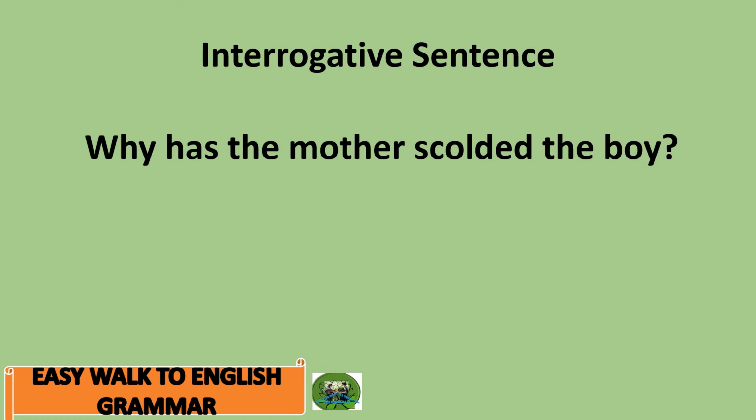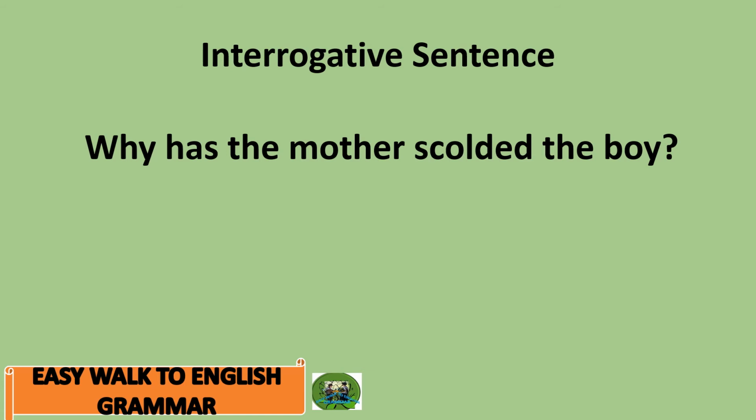We can check the pattern. By the term pattern, I mean the arrangement of words in this particular sentence. Here, in this interrogative sentence, we have used the present and singular form of have, that is has. And we know the main verb is scolded in this sentence.